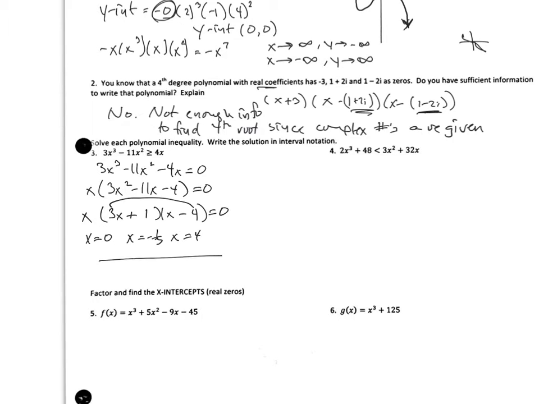These go on the number line. You cannot use 0 because 0 is on the number line. So I'm going to go with x equals 1. Plugging that back into the original, we would end up with 3 minus 11 is greater than or equal to 4. So -8 is greater than or equal to 4.